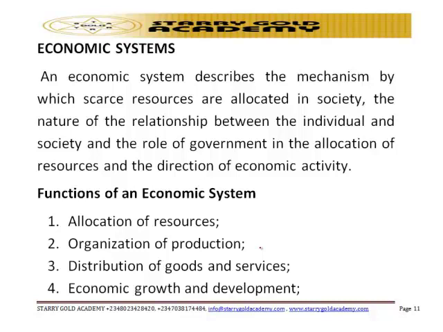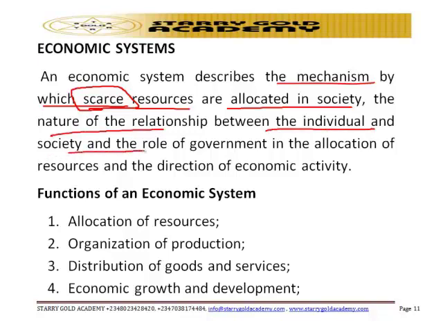So an economic system describes the mechanism by which scarce, limited resources are allocated in the society, the nature of the relationship between the individual and society, the role of government in the allocation of resources, and the direction of economic activity.